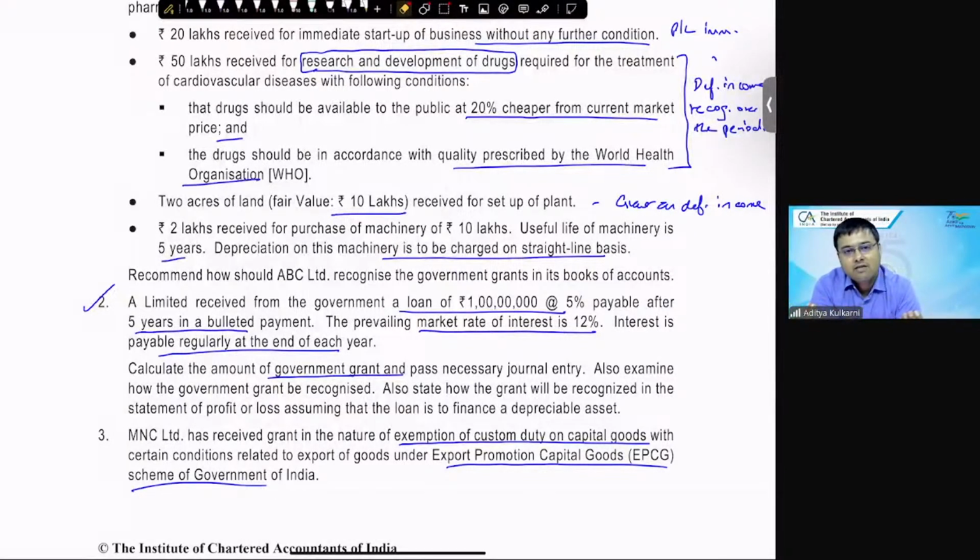So it is taking the color of both. On one side, we are promoting investment in a backward area for which the government is giving a support. You can treat it as an asset related grant. On the other side, the scheme's inherent nature is to promote exports. You can treat it as an operations related grant. Choice is yours. Only thing is you will have to look at the nature of the intention of the government behind giving that grant.